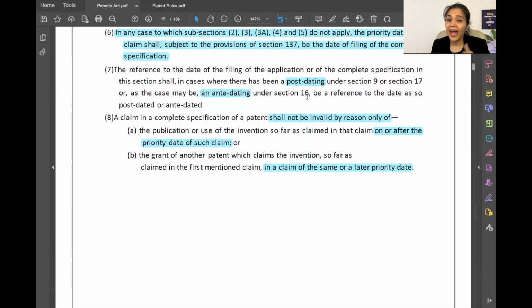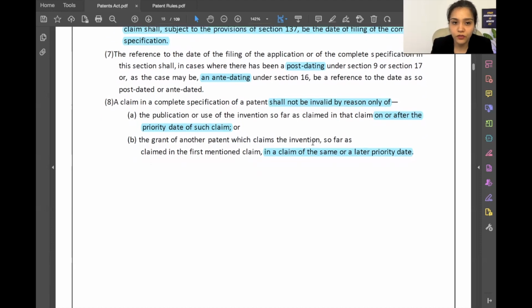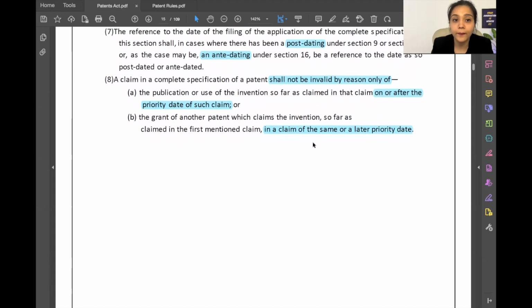So that is called antedating. Like when you're dividing the application, the second application will have the same date as the main application. Why? Because you are dividing the application. So in that case, it would be called antedating. So whenever we have these, the reference to the date should be given in the specification or in the filing.